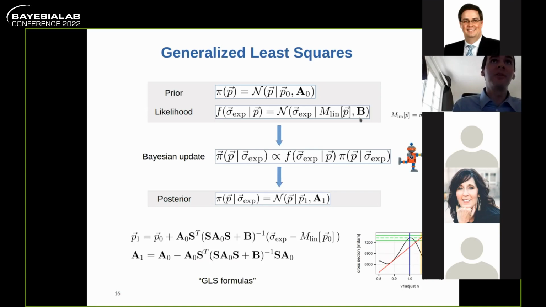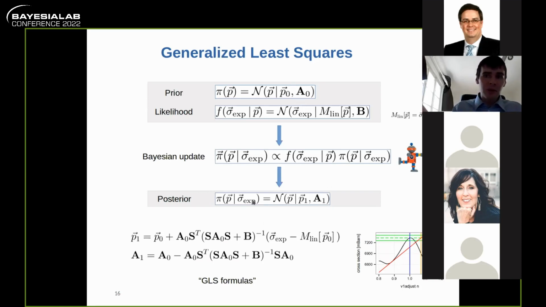There again, we assume that the propagated parameters P can be compared with the experimental measurements, sigma x here, up to an uncertainty characterized by an experimental covariance matrix. And then we can apply the Bayesian machinery. We can just multiply these two distributions together, which are called prior and likelihood, and we can combine them in the Bayesian update formula to obtain a posterior distribution.